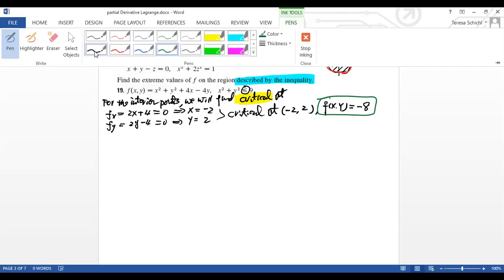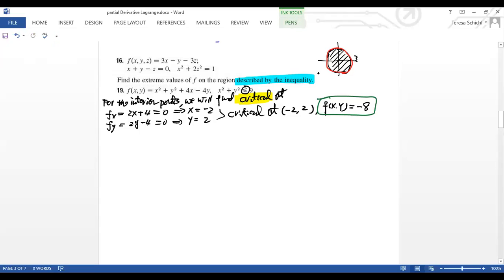Now I want to find all the points on the boundaries. Now that we learned Lagrange, we can. For all the boundary points, we will use Lagrange. So let's do it again.